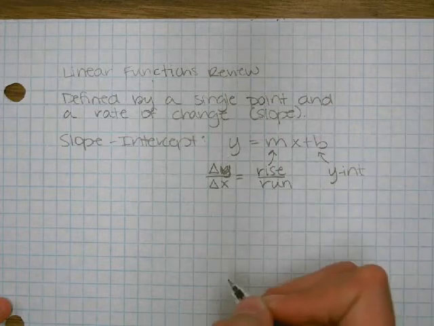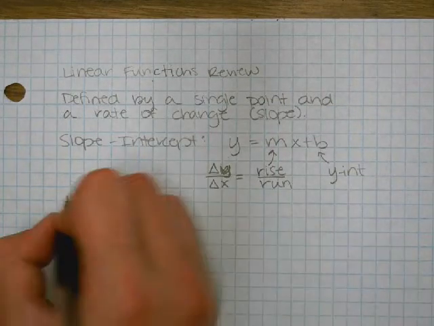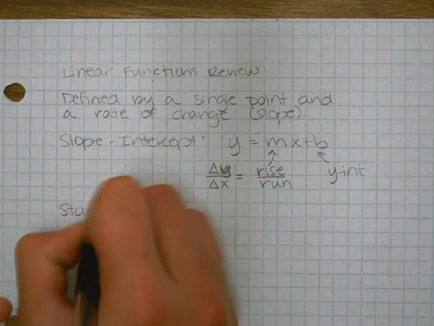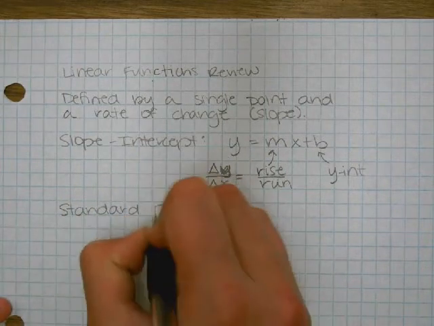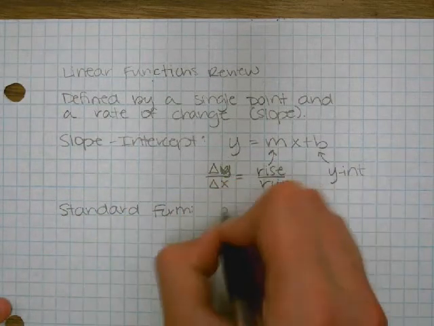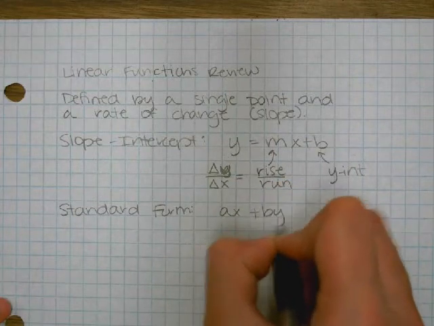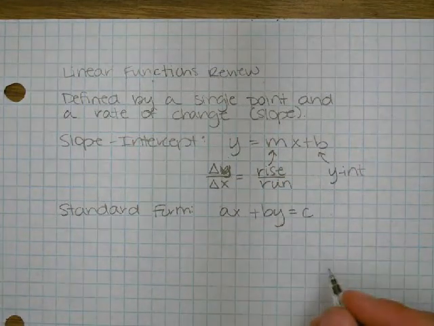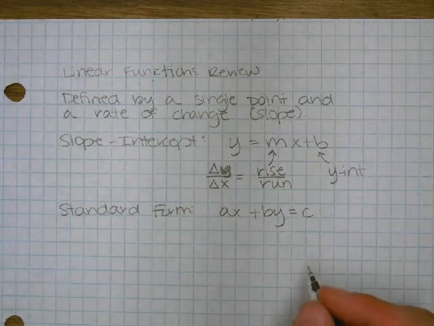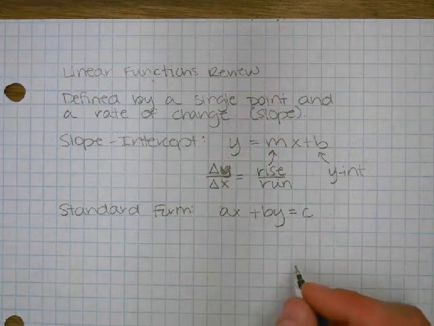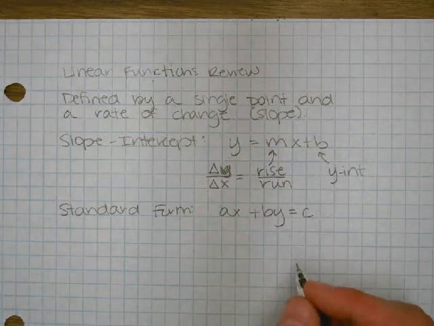So that's the most common form that you've dealt with. We also have standard form, and that's ax plus by equals c. And in this form, it's not apparent necessarily what the y-intercept is and what the slope is. We would have to solve some to be able to graph it.